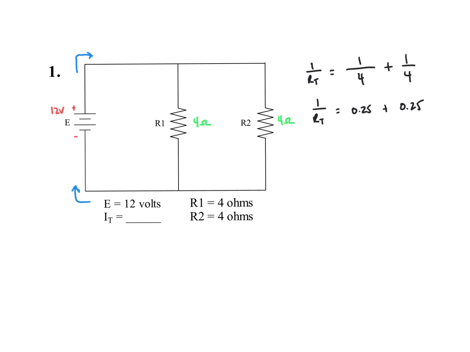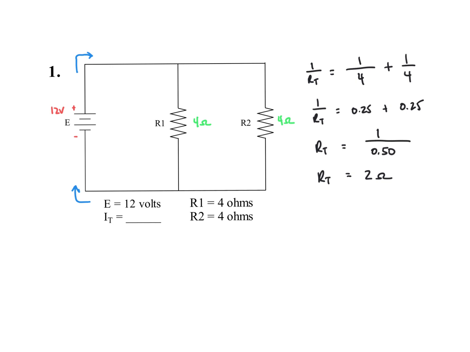And then I need to get the reciprocal of this. So RT is equal to 1 over 0.50, which is 2. So my total resistance in this circuit, the equivalent resistance, is 2 ohms.